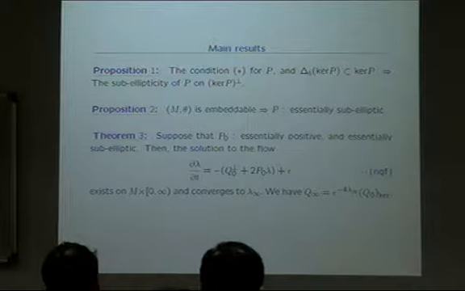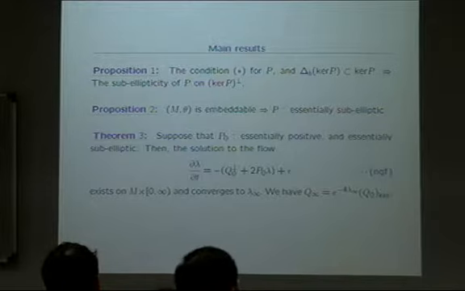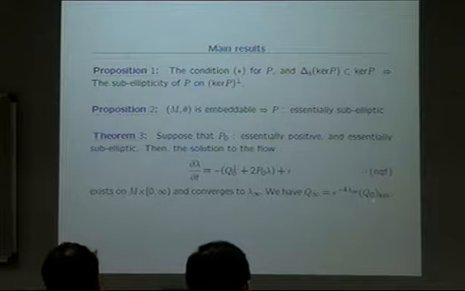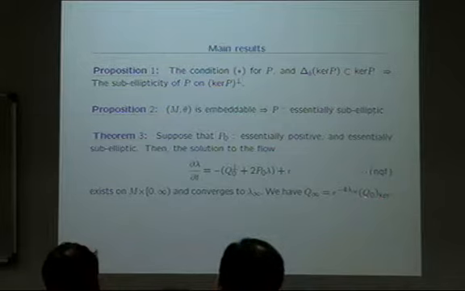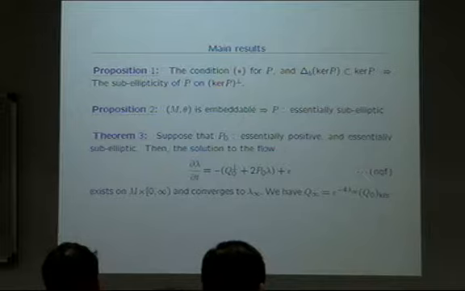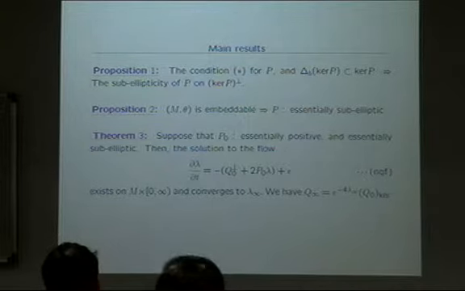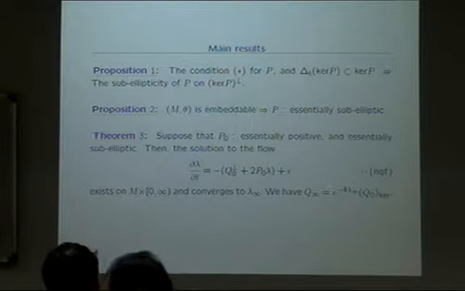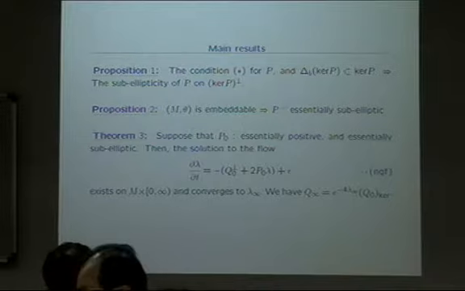In this situation, we can show the long-time existence and convergence of the solution, and if we assume Q0, the initial Q-curvature, is orthogonal to kernel P, then the limit Q-curvature vanishes.